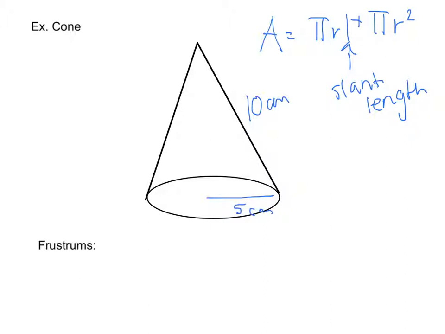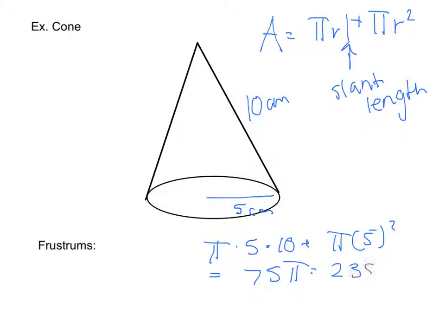So we can plug that in, and that's going to be pi times 5 times 10 plus pi 5 squared, and that's going to equal 75 pi, or 235.6 centimeters squared.